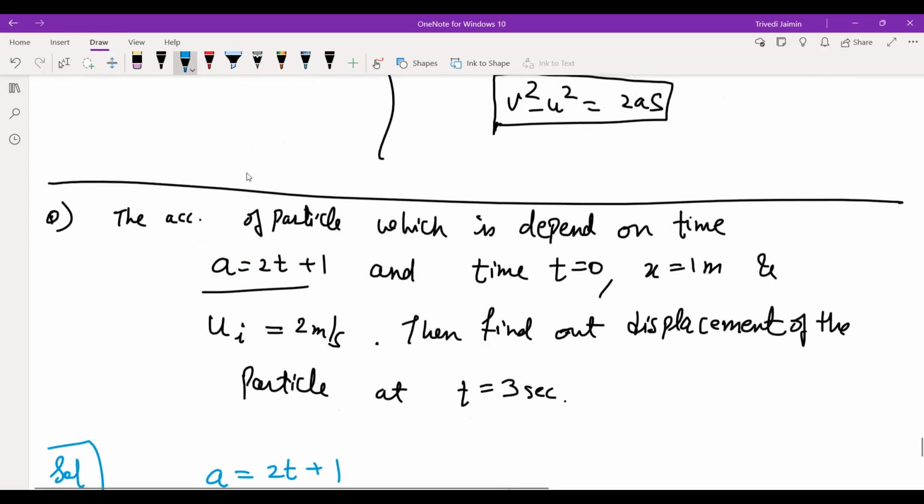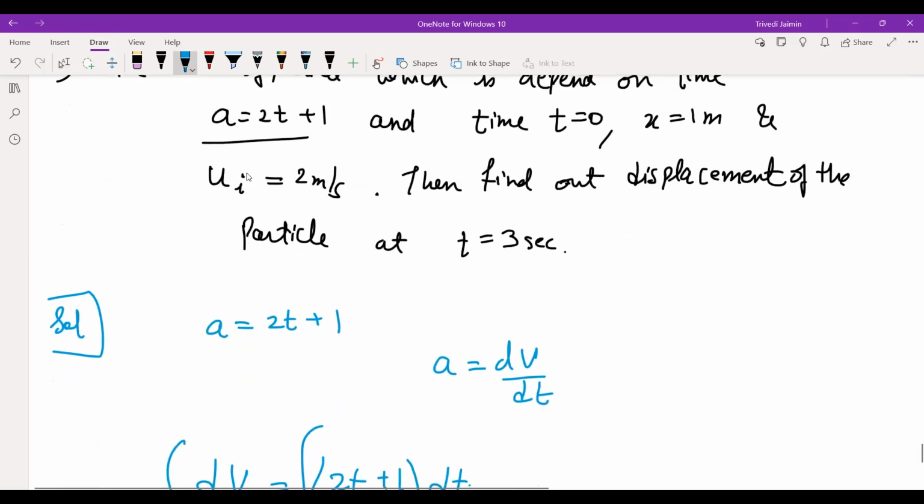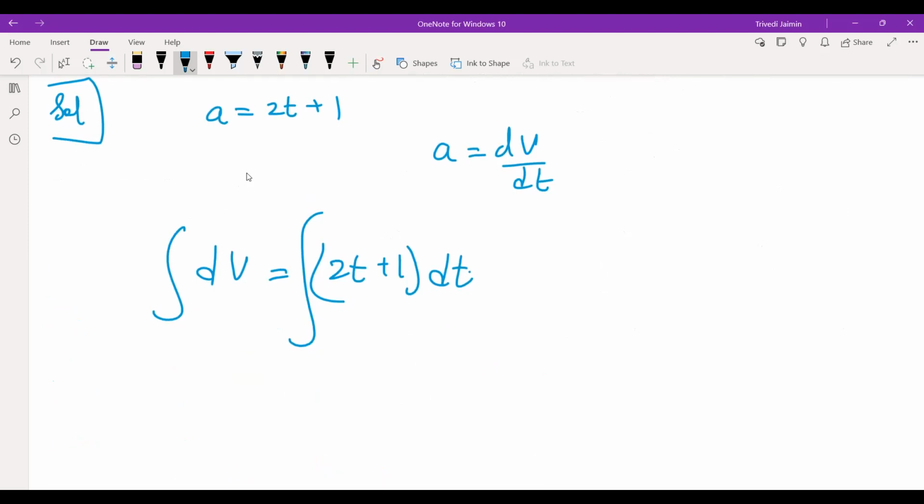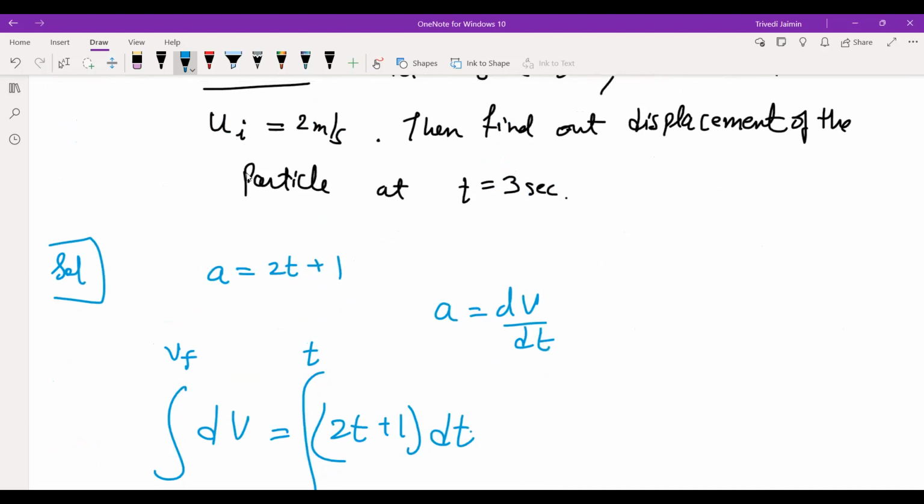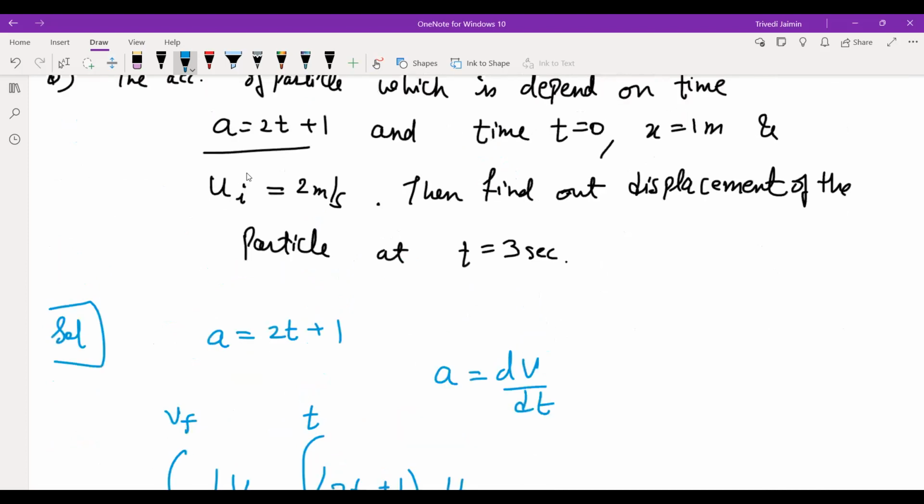So for v, what are the limits here? V initial 2 and v final. And time, let's take 0 to t, because the time given here is 3, when x equals to 1 meter and u equals to 2.